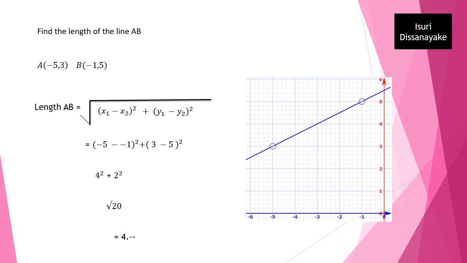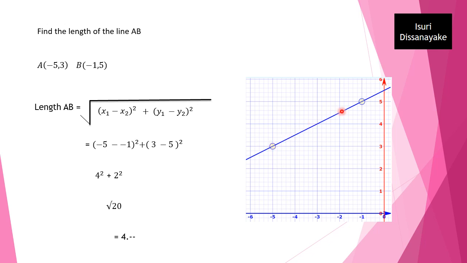I have shown it graphically. So minus 5, 3, that is point A. That's over here. And point B is minus 1, 5. So here we have a straight line joining A and B. We want to know the length of this straight line.